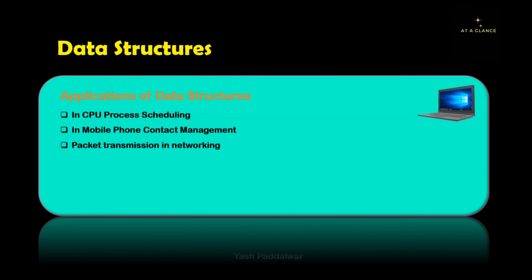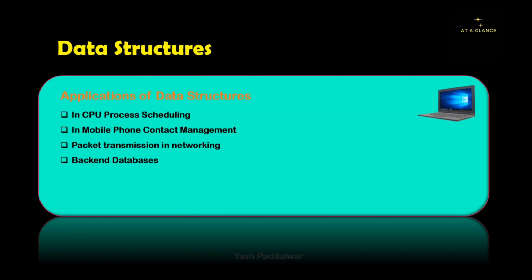Next application is that it can be used in packets. While transferring any sort of data over a network, it is always transferred in the form of packets. Now the packets while transmitting are in huge number. So to arrange and organize them while transferring, data structures play a vital role.